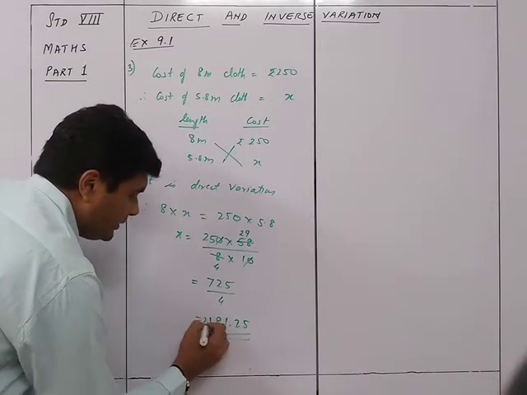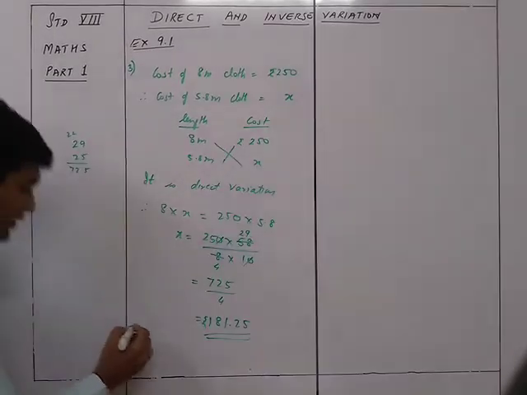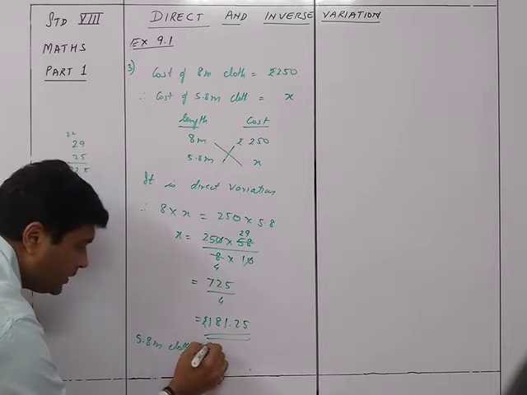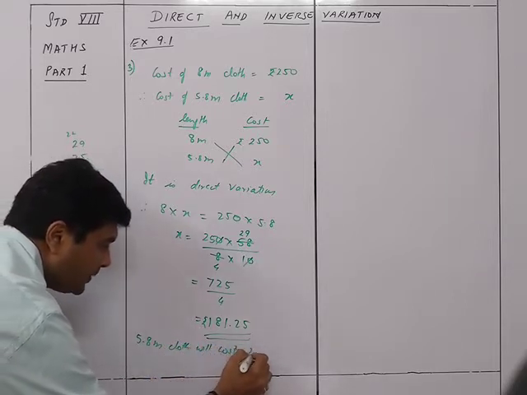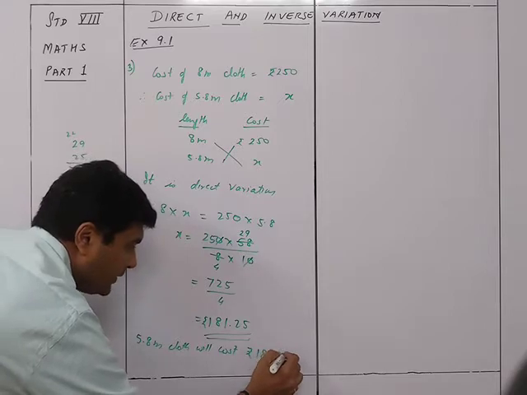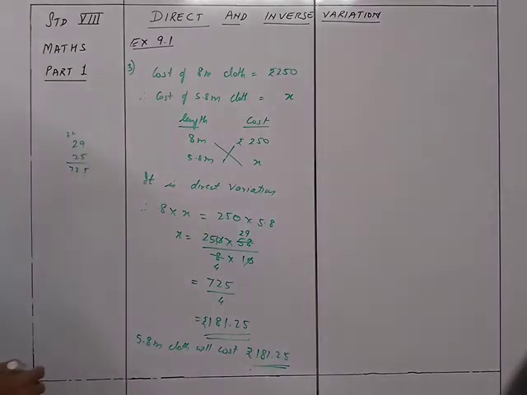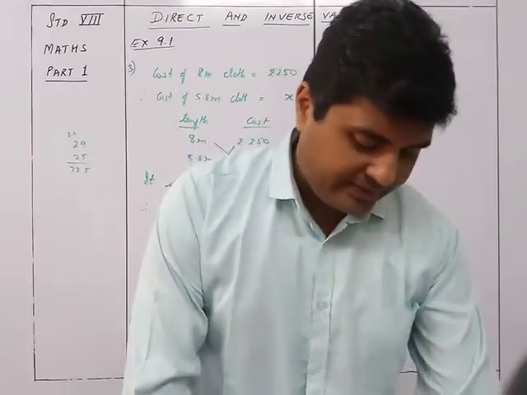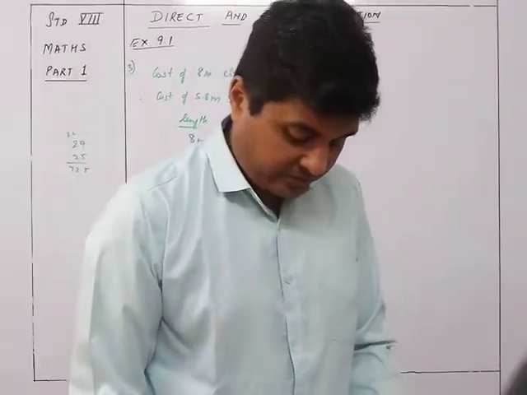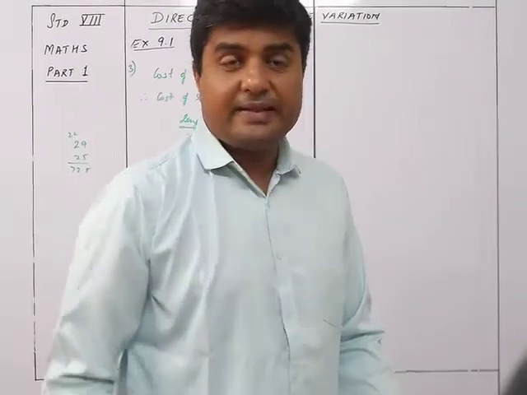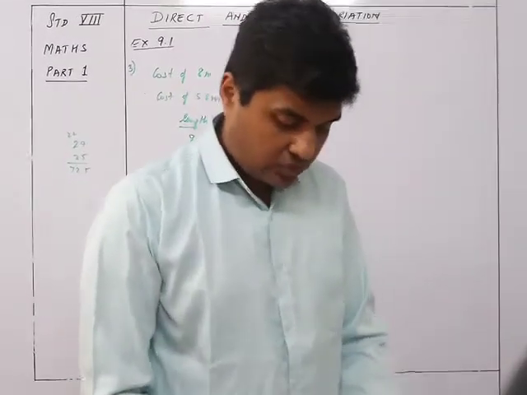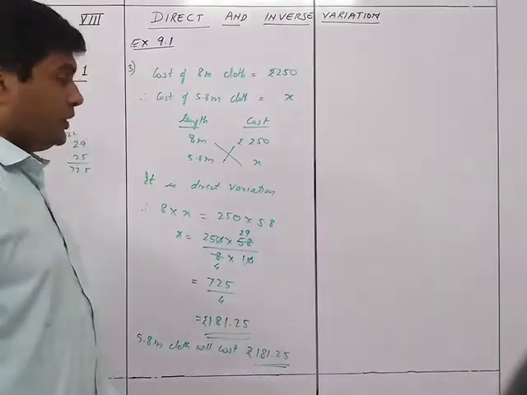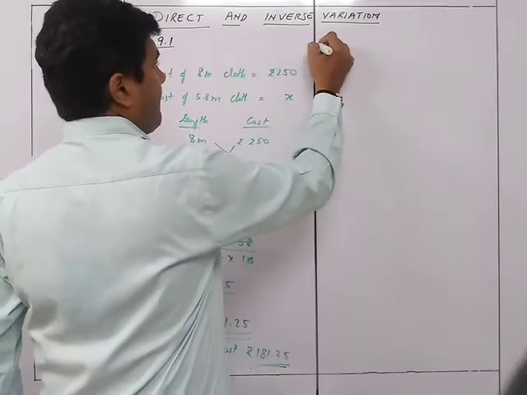So therefore we can write over here that 5.8 meter cloth will cost rupees 181.25. This is how we are going to write these sums in case of direct or inverse variations. You are going to write these statements and then solve those sums. So that is 181.25. We now move on to sum number 4.